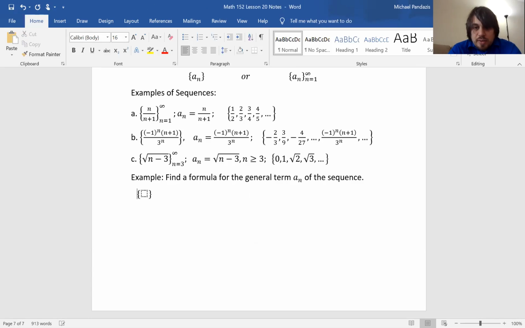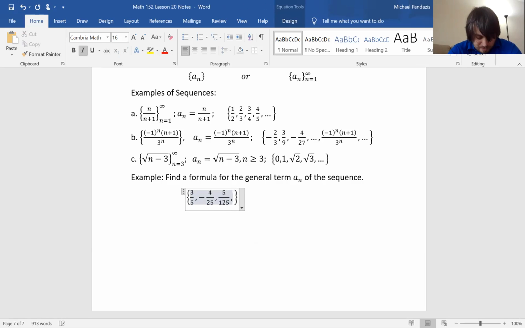Okay, so here's the sequence: 3/5, comma, negative 4/25, comma, 5 over 125, comma, negative 6 over 625, comma, 7 over 3125, comma, dot, dot, dot.